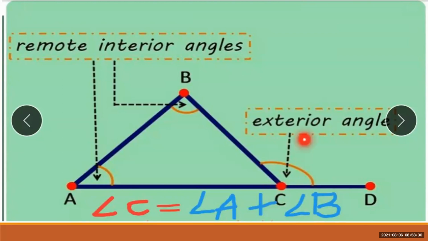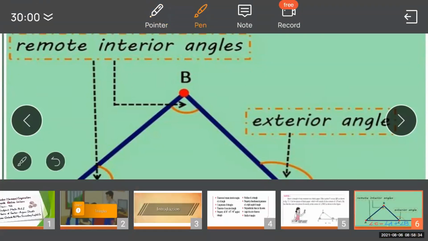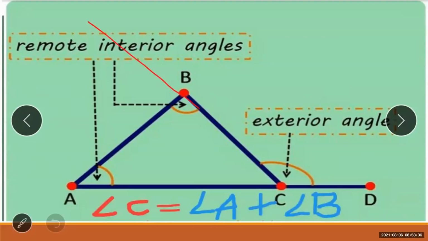So here that is an exterior angle. You can also draw more exterior angles. If you extend this side, that will be another exterior angle. This side, that will be the next exterior angle. Likewise, those all are the exterior angles of the given triangle.